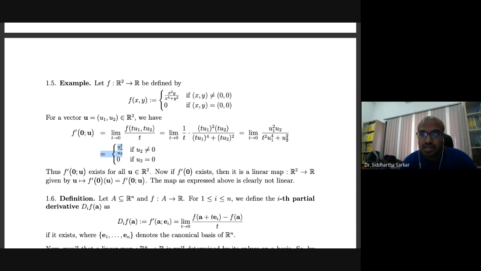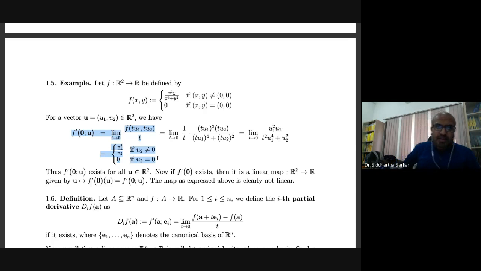But if u2 is 0, luckily, the way we have chosen the example, the entire thing becomes 0. So you are again computing the limit as t tends to 0 of the constant 0. So the limit still exists. So in this case, the directional derivative exists from all directions. Now, how do I see that the function is not differentiable? As I said, this is a kind of tedious task.